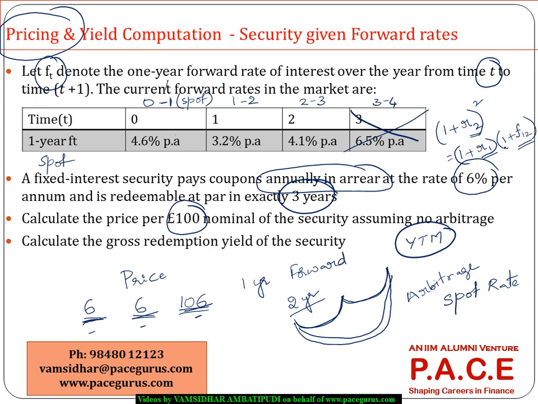R2 is the 2-year rate, which is computed based on the 1-year spot rate and the forward rate between 1 and 2 years. The 1-year spot rate is the same as the 1-year forward rate because both represent the interest between 0 and 1 years.